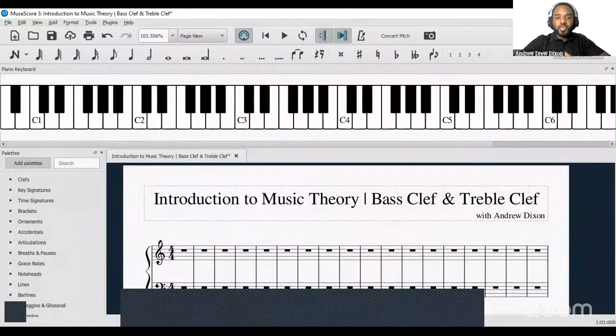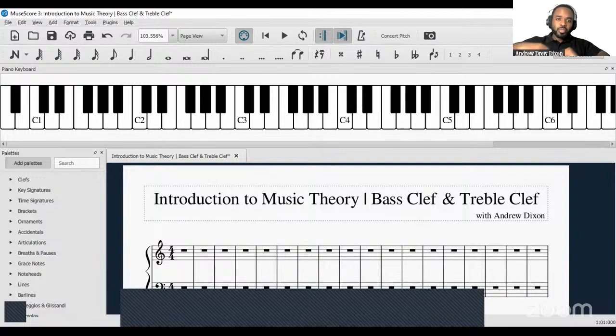In that lesson, we spoke about the keys on the piano or keyboard. It would be the same thing if you play an organ as well. And we looked at different types of notes.